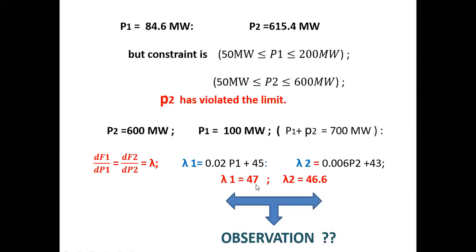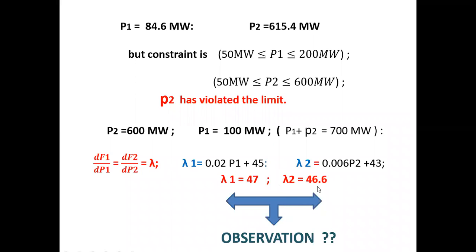The reason is that the incremental fuel cost for the first unit is somewhat more when compared to the second one. But still, if you want to operate these two units in an economical way, again we need one more lambda value, and that lambda value is to be considered between 47 and 46.6.